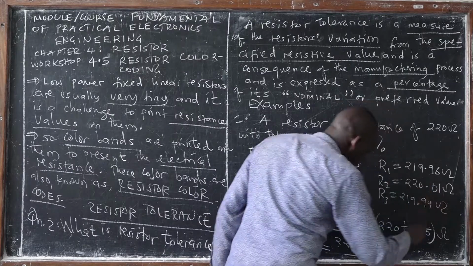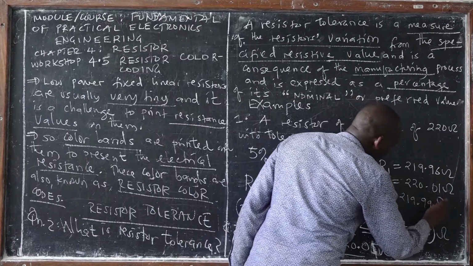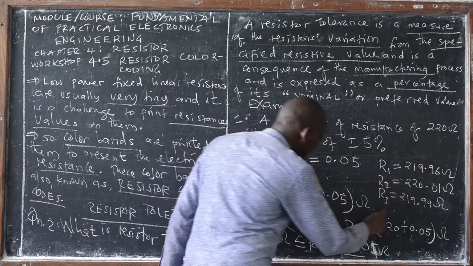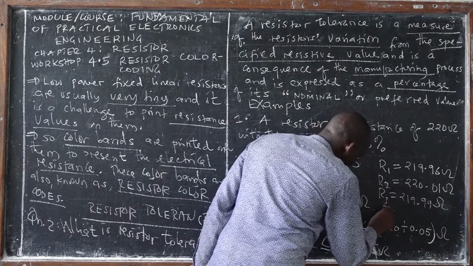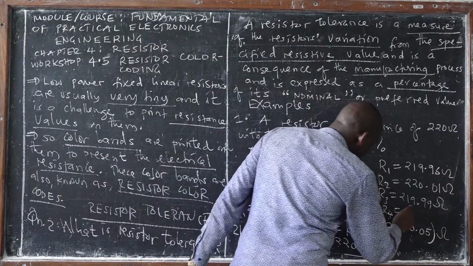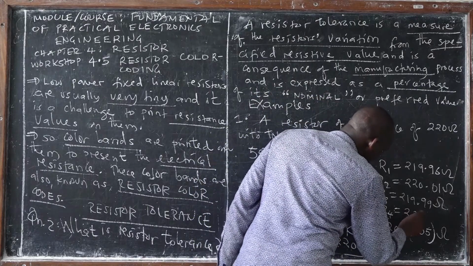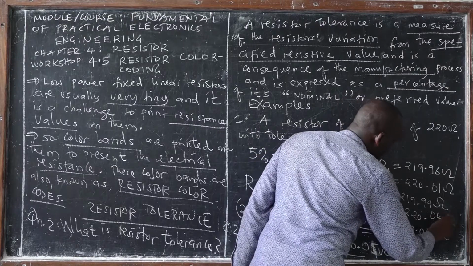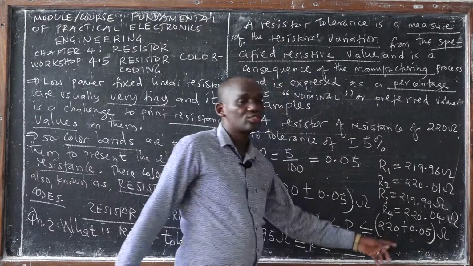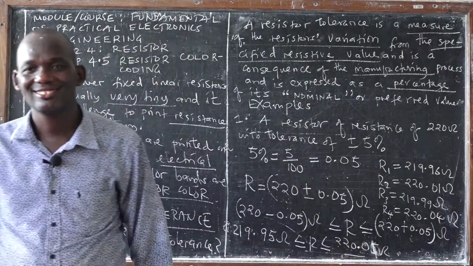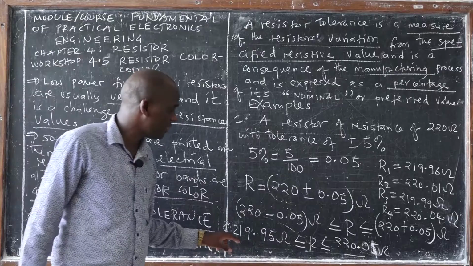And then comes the question, who is correct? And then Fatuma, our sister here, also did the measurement and found that the resistance is 220.04. Then the question comes, which value is correct? All the values are correct. Why? Because they are within the range.